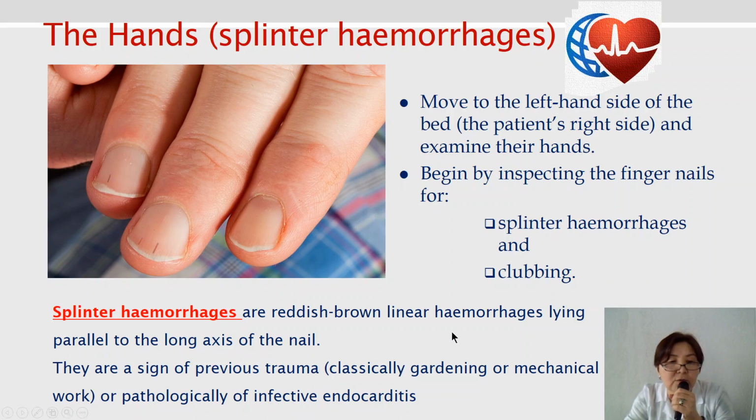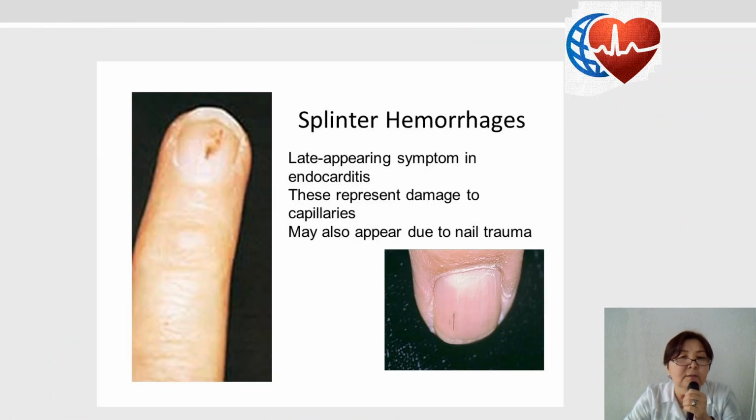They are a sign of previous trauma, classically gardening or mechanical work, or pathologically of infective endocarditis. Here also you can see on the picture the splinter hemorrhages. This is the late appearing symptom in endocarditis. This represents damage to capillaries, may also appear due to nail trauma.